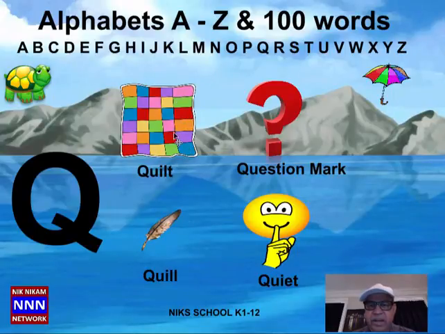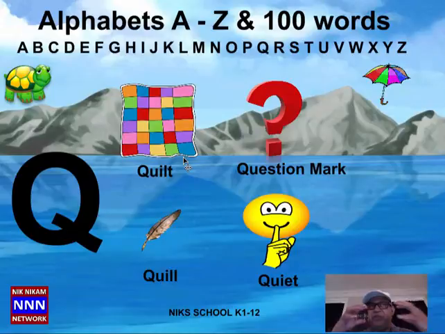This is called the quilt. The quilt has a little cotton inside the two layers of the cloth, and it keeps you warm. In the night when it is cold, if you have a quilt, it will keep you really nice and warm so you don't feel cold.